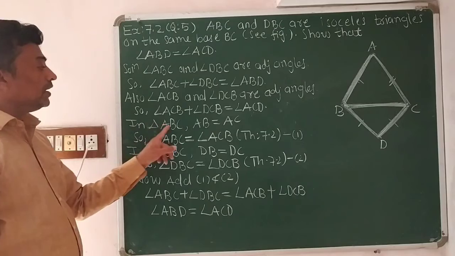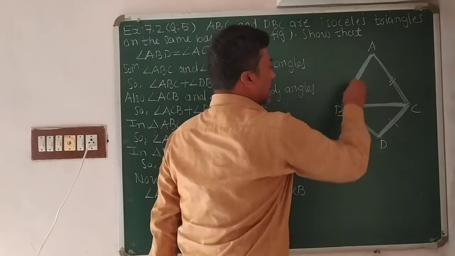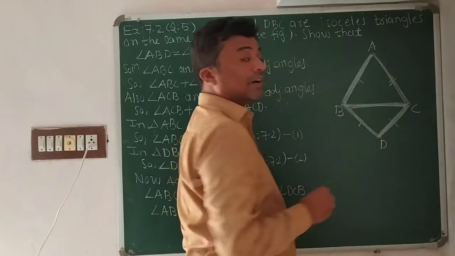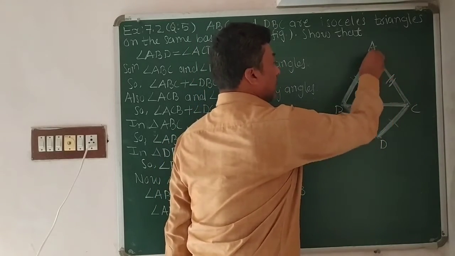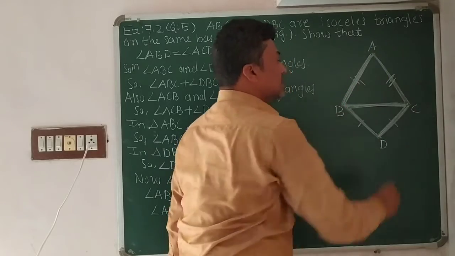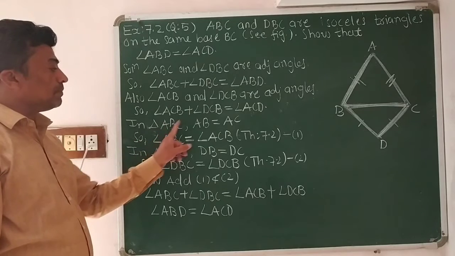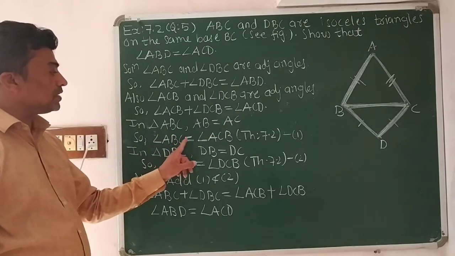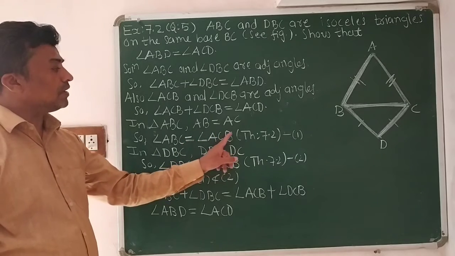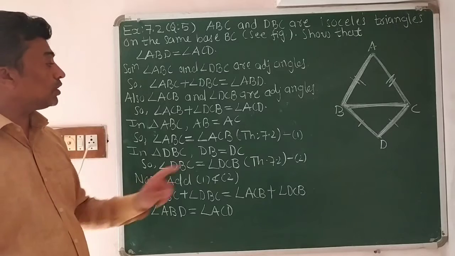Now see children, in triangle ABC, AB is equal to AC. Triangle ABC is an isosceles triangle, so side AB and side AC both have the same length. So we can write angle ABC is equal to angle ACB because of theorem 7.2. What is theorem 7.2?